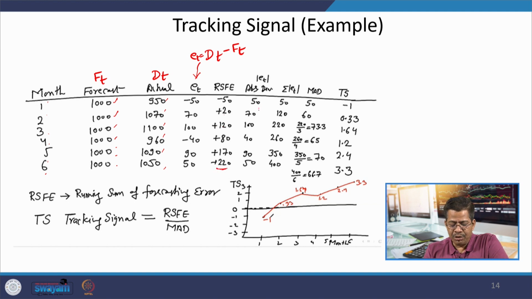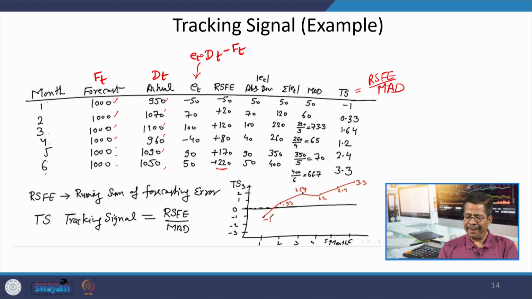These are the absolute values of the forecasting error: 50, 70, 100, 40, 90, 50, and these are the MAD calculations in this column, and this tracking signal is RSFE upon MAD.